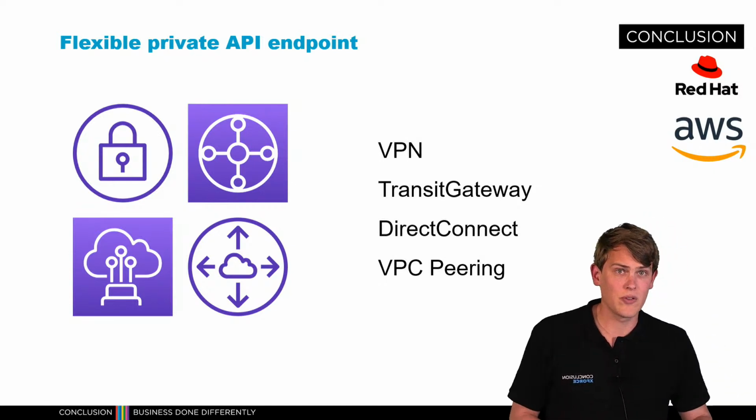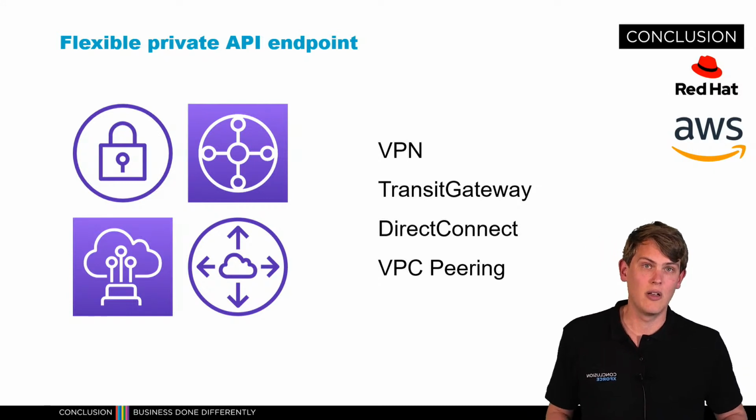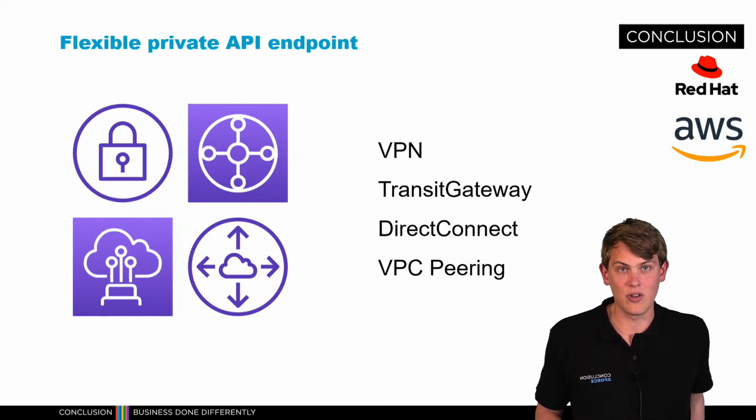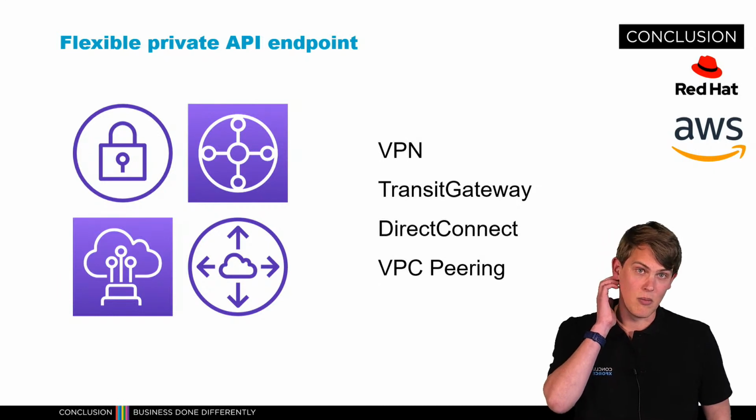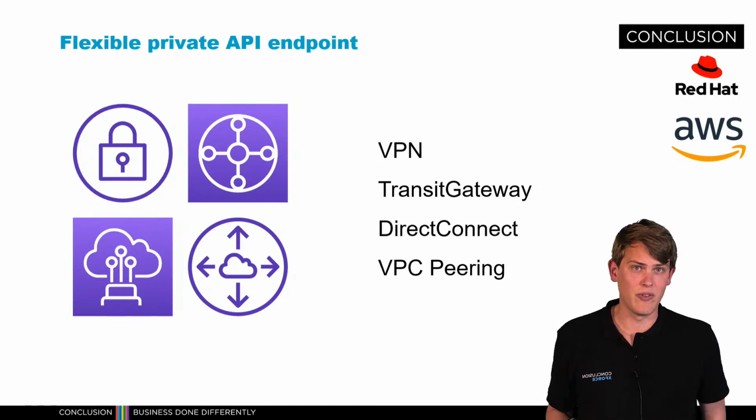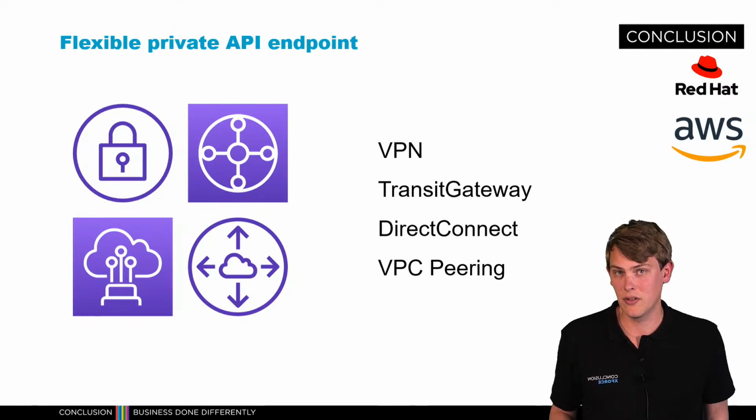When you want to use a private endpoint, make sure you don't use overlapping node IP ranges. You'll get in trouble with VPC peering when you use overlapping IP ranges.